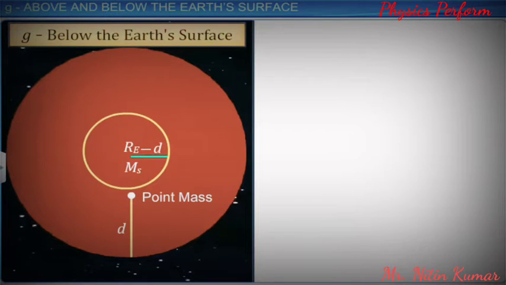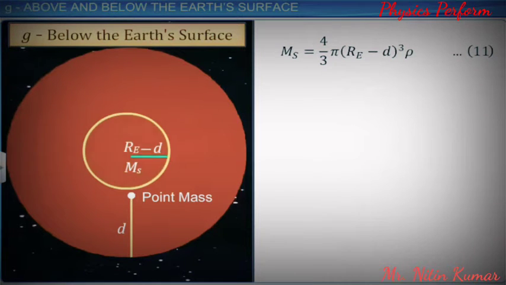Ms is equal to 4 by 3 pi into cube of Re minus d into ρ. Here, gravitational force between the shell and the point mass is 0, as it lies inside the shell. However, there exists a gravitational force between the point mass and the part of the Earth of mass Ms, as the point mass lies outside it.